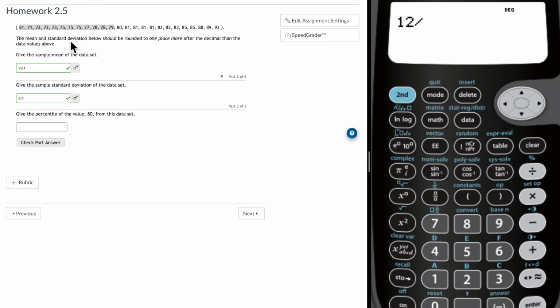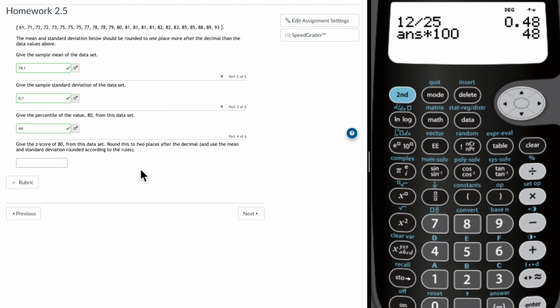It looks like there's 25, but 12, 13, 14, 15, 16, 17, 18, 19, 20, 21, 22, 23, 24. Yeah, 12 out of 25. So that's 48%. The formula says to multiply that by 100. So 48%. So it's the 48th percentile. Just round that to a whole number if it's not a whole number.